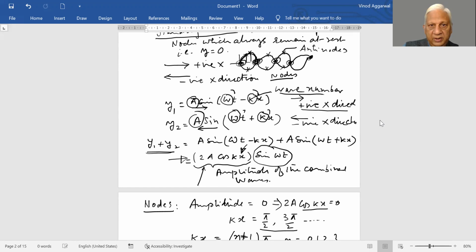Maximum displacement point here is this. They will reach their maximum position together. So together they will go up. Together they will come to the mean position. Together they will go to the minimum position. Together. So they are all in the same phase between two consecutive nodes.